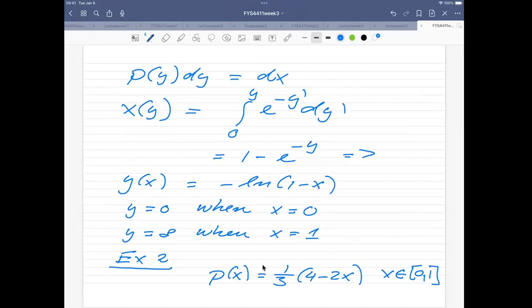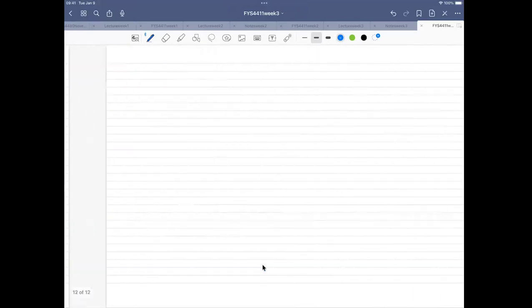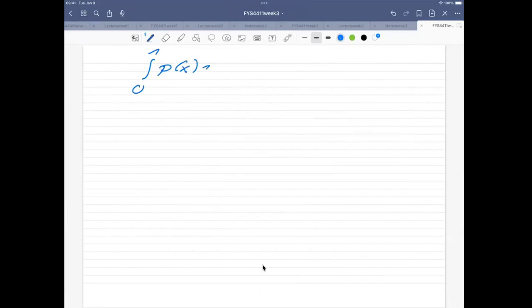So you will see that when you now put in some of the requirements for this to be a probability distribution, you will typically see that this is a function which is decreasing. It's a function which is normalized to 1. And you will also see that the cumulative function behaves as it should for a probability distribution. So I'm not repeating all these basic elements of statistics, like the cumulative function.